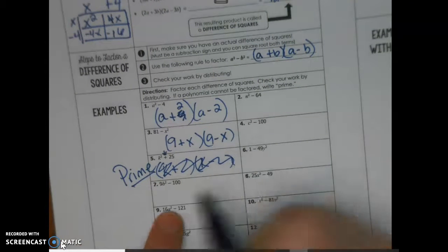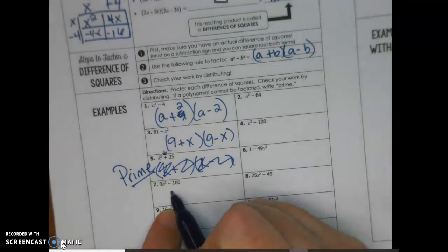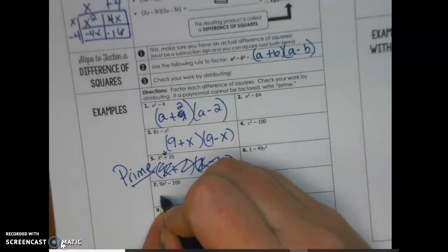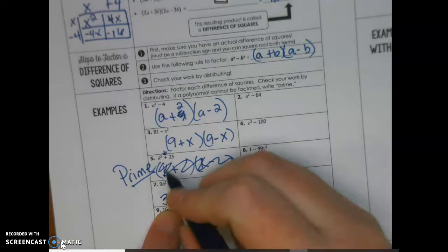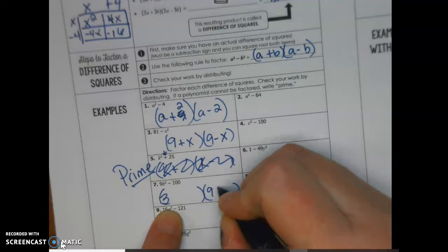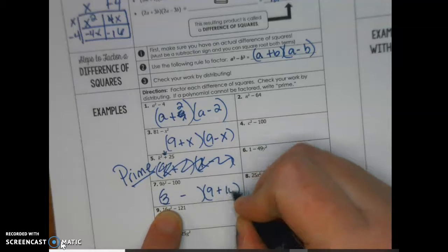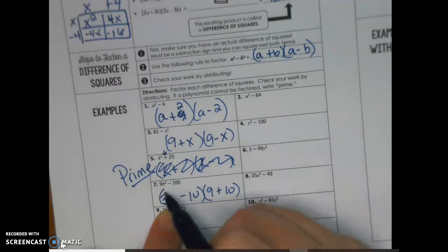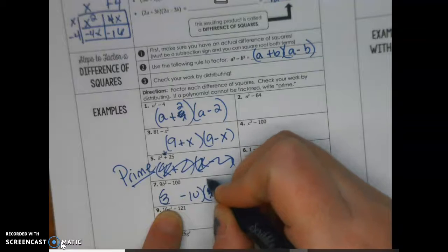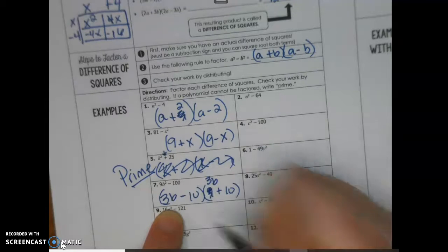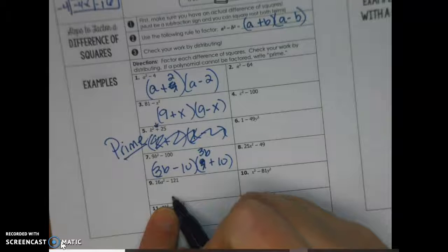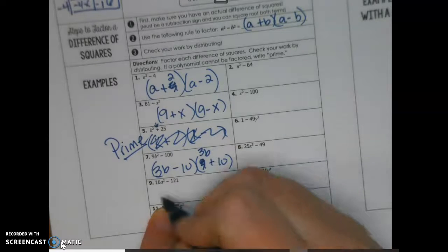Okay, how about this? So let's see, we've got 3 over here and over here. 3 plus and minus 10 and 10, but you're like, I don't know what to do with this piece. Oh, not 9, goodness. B and B. Okay, so let me do that one a little slower right here.